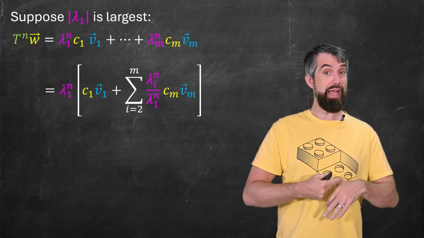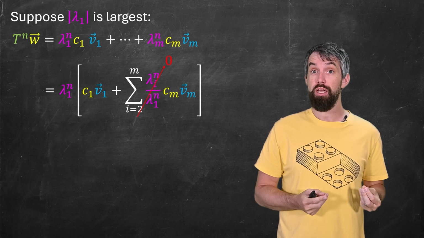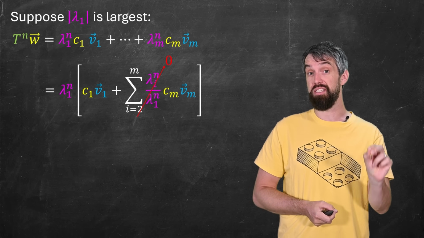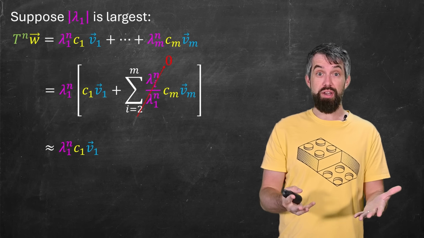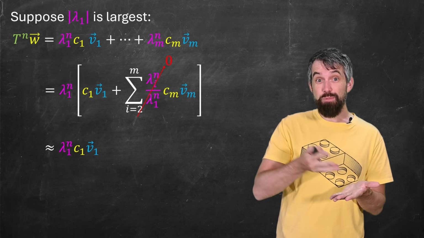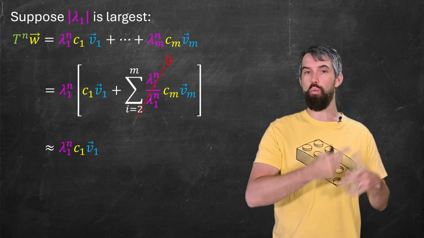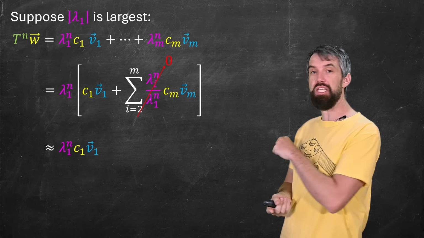And now we're going to imagine that we evolve and evolve and evolve a lot. Our n is getting really large. So this ratio of these eigenvalues is going to 0. So what do I get? I get two things. I get this lambda 1 to the n, this exponential growth rate with this particular value of lambda, we saw 1.3 or so. And then it gets multiplied by this c1 v1.